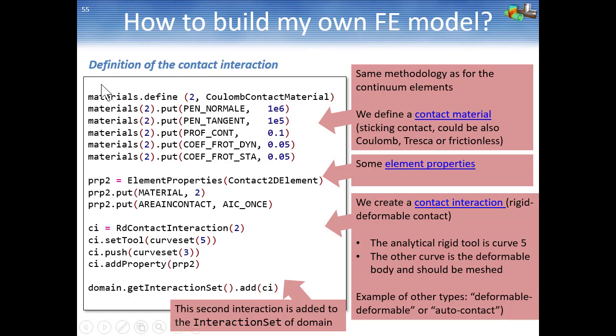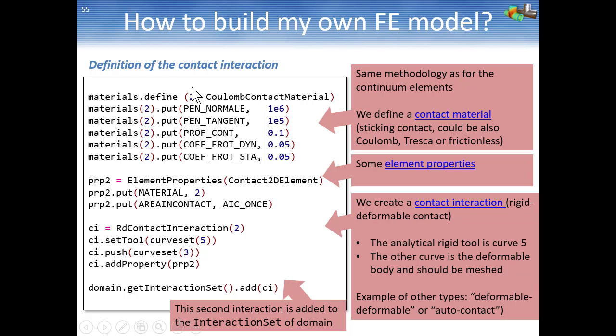So we need a material, we need some property, and we need something which links this property to the geometry. And this is called, in this case, not a field applicator, but a contact interaction.